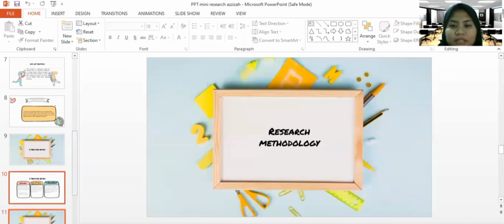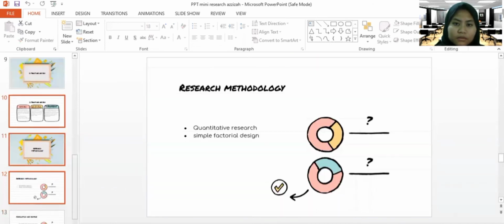And next, research methodology. This research uses a quantitative research design, especially a simple factorial design, since it aims to find the differences between the students who are taught using the mind mapping technique and those who are not.